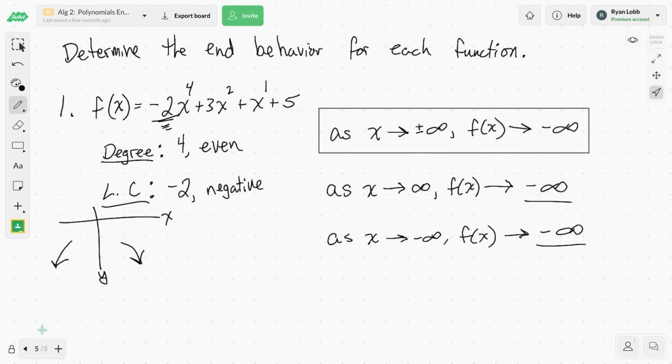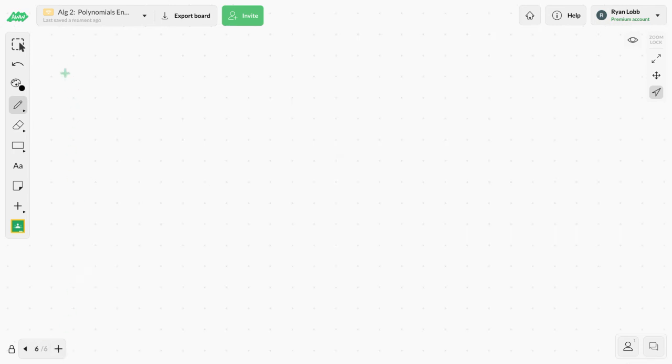Let's do another one of those. So go over here. We'll go to the second one. So here's g of x. And this one's going to be 3x squared minus 3x to the 5th plus x plus 5. Okay. Determine the end behavior. So again, here we go. We need the degree.